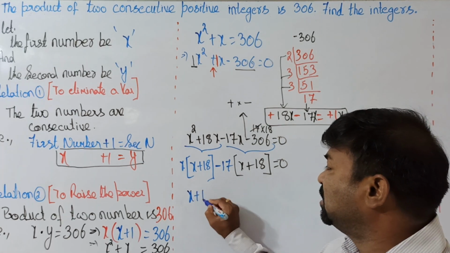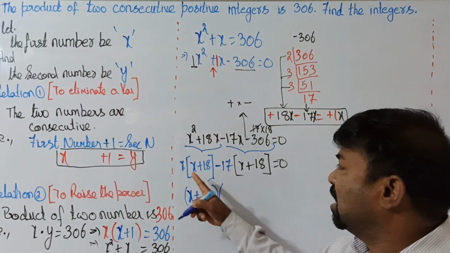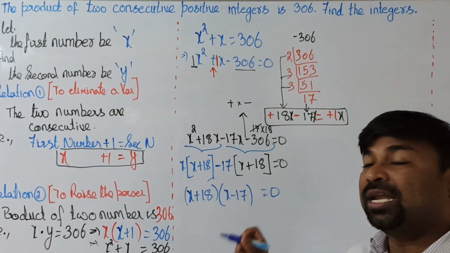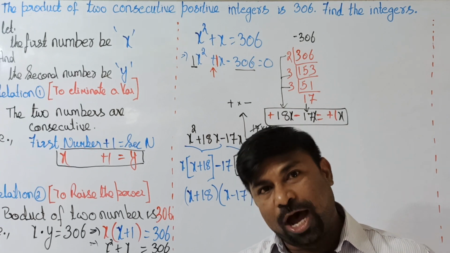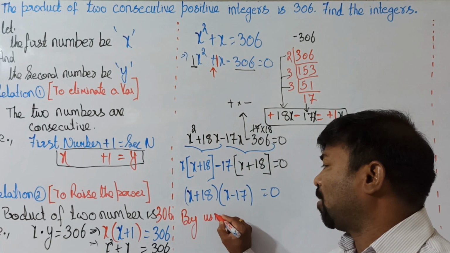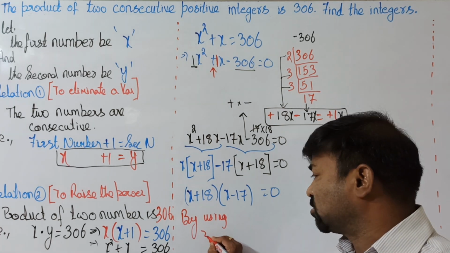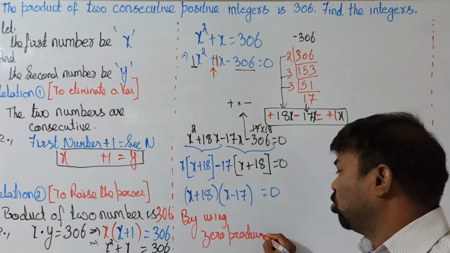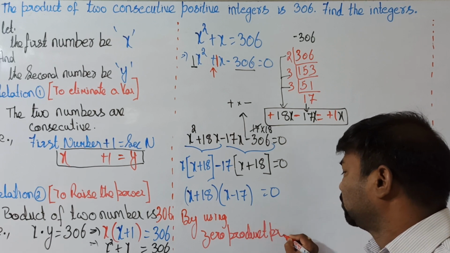Now x plus 18 is the first one and x minus 17 is the second one. Till here it's cool. Now, by using the zero product property, you have to remember this one. What's that zero product property?